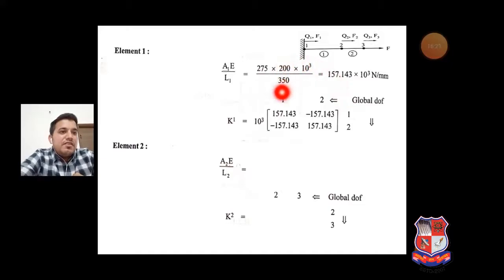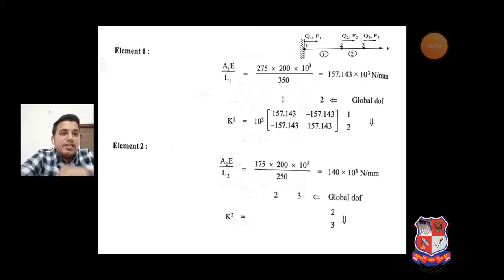For the first element, which goes from 1 to 2, when we find the global stiffness matrix we put the entries in positions 11, 12, 21 and 22. Similarly, for element number 2 the value will be 140 × 10³ N/mm. We put the 140 inside the box, and this is the final.